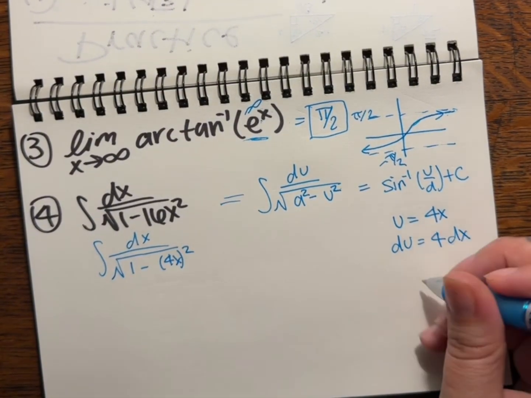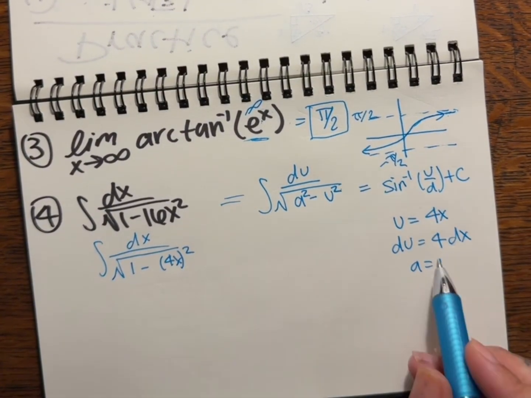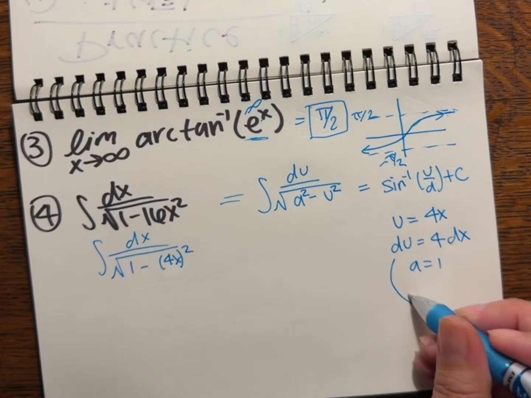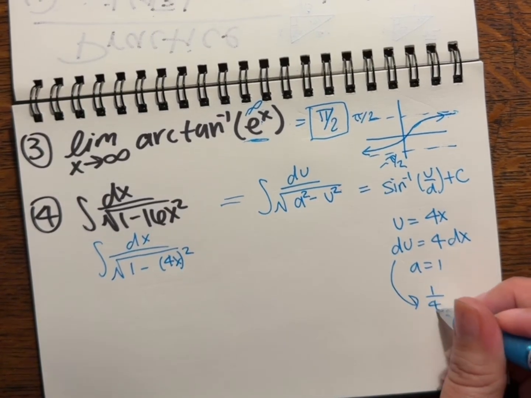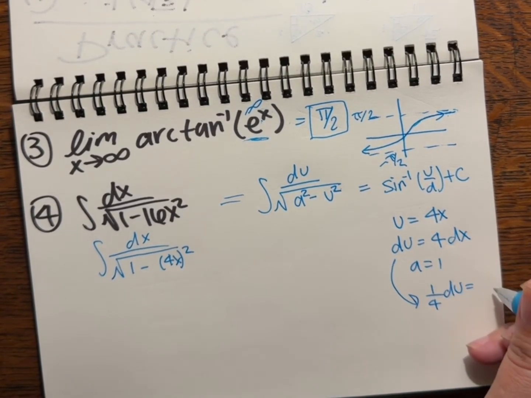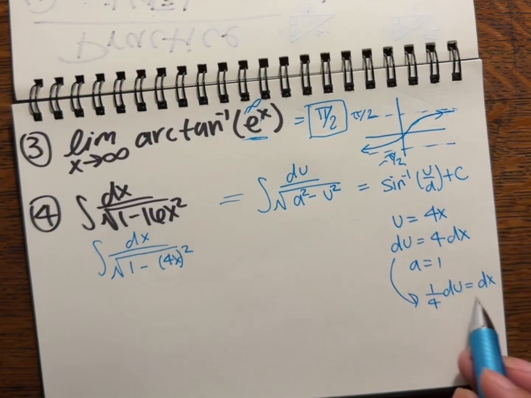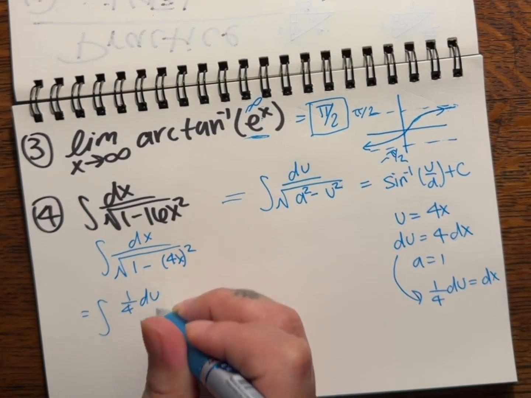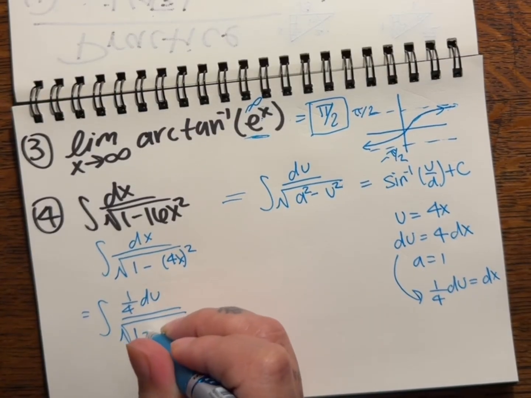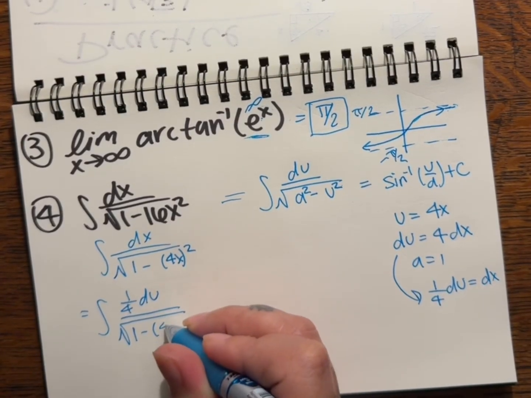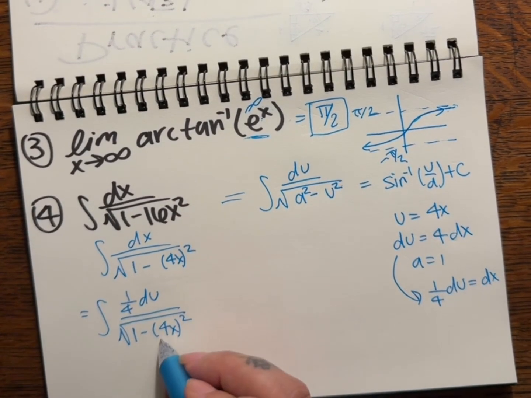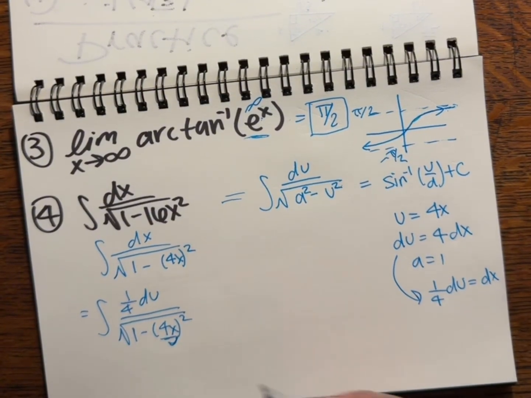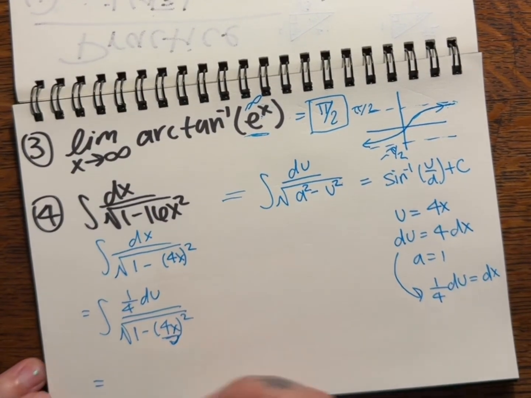Now I'm going to move the 4 to the front, divide by 4, so that I can substitute in for the dx. Minus 4x squared, and this is u. I'm going to write a u also. And now I'm going to bring this to the front.